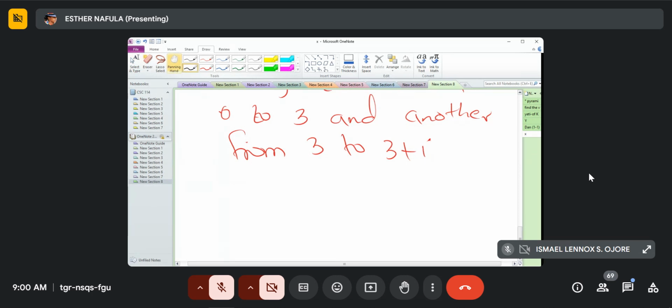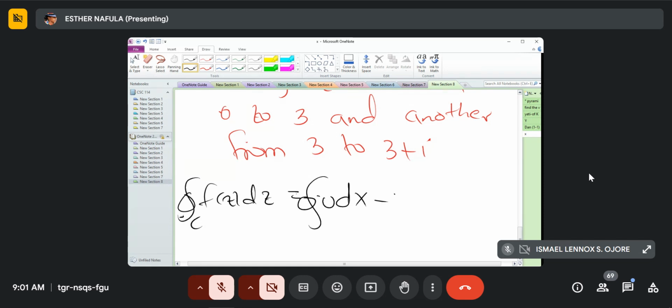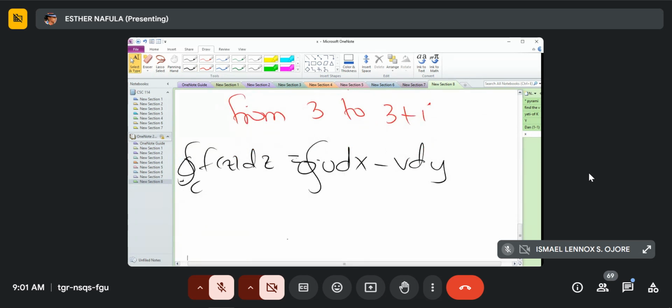So the starting point is, you need the formula to integrate f of z dz. The formula is u dx minus v dy plus i times v dx plus u dy.